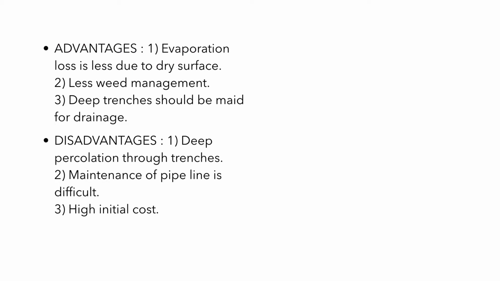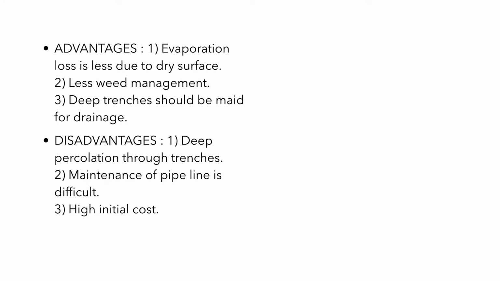It has some advantages, like evaporation loss is less due to dry surface. As we know, this is an underground system, and for evaporation, water has to be on the surface. In this system water comes up to the root by capillary movement, and water does not have to be on the surface, so the evaporation loss will automatically be less as compared to surface irrigation system.